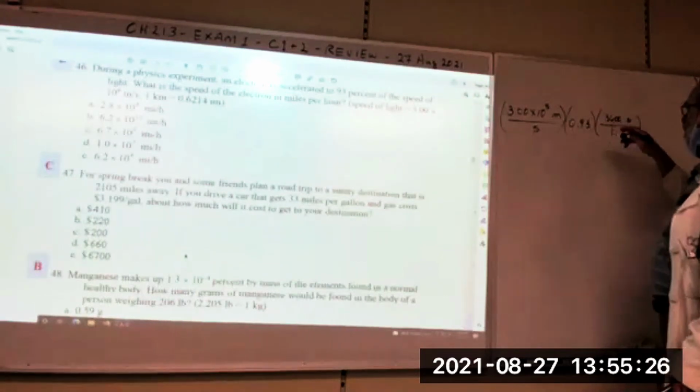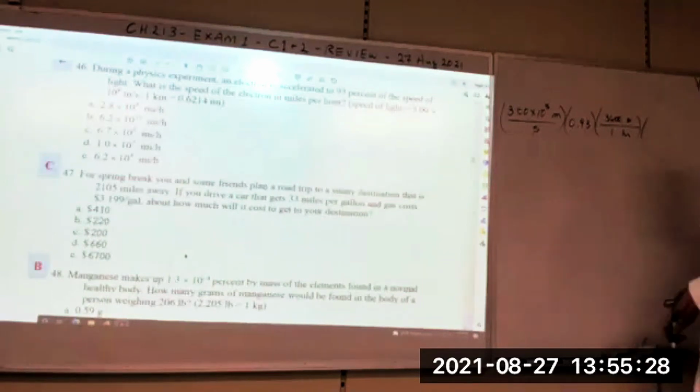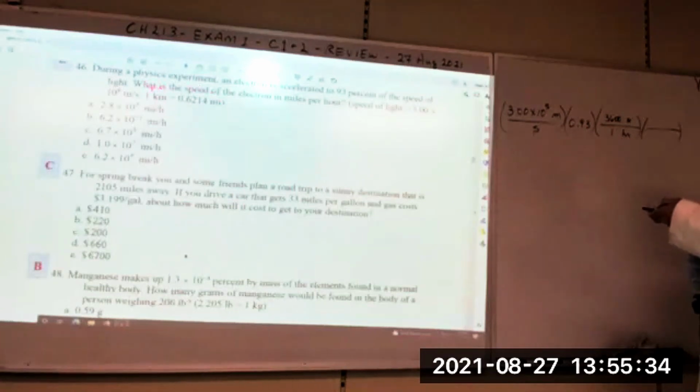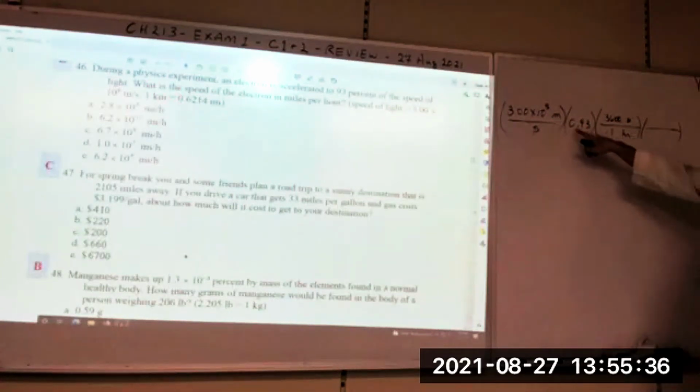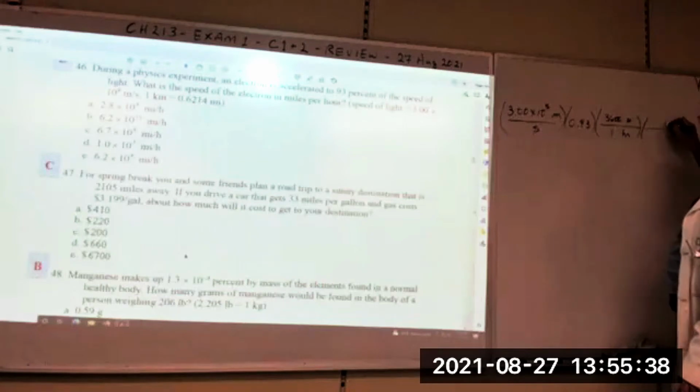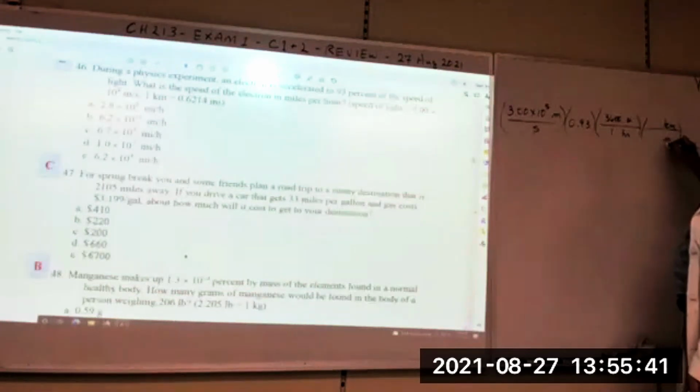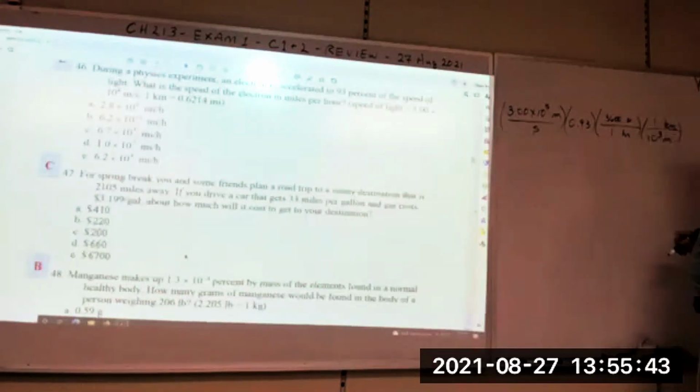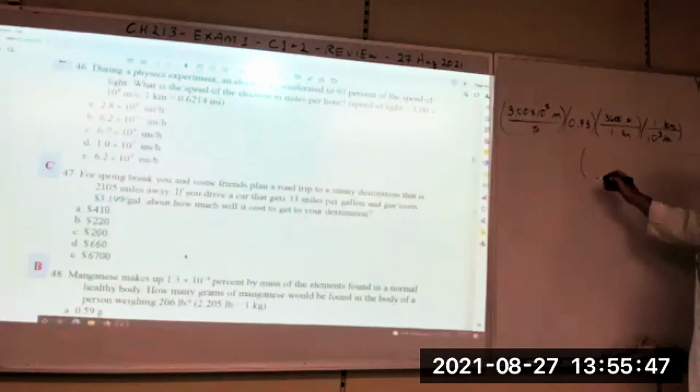Okay, now we can work on the meters. We want miles. So our conversion factor that's given to us is kilometers to miles. So we need to convert meters to kilometers. There we go. Now we can convert kilometers to miles.